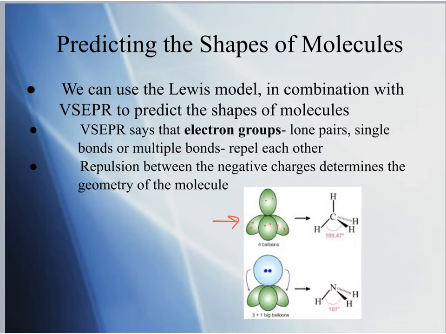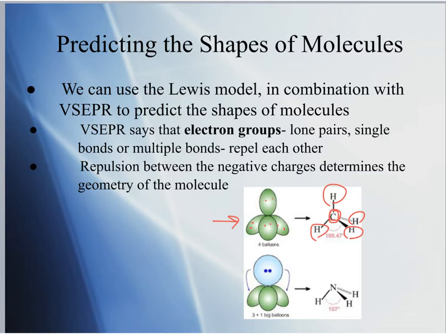So if we have 4 electron groups around a center atom, in the balloon model we can't quite see carbon, but carbon's here in the middle, and we've got 4 hydrogens bonded to it. And in order in 3 dimensions for all 4 of those H's to be as far apart from each other as possible, they're going to come in at an angle of 109.5.